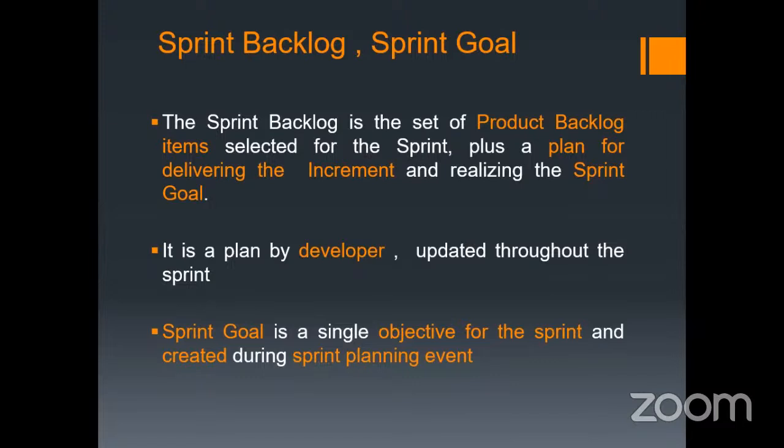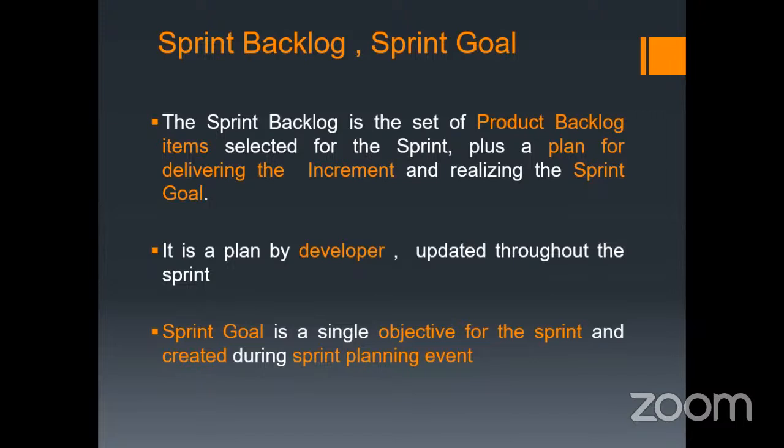Now here is the sprint backlog and the sprint goal. In the sprint backlog, we take certain items from the product backlog. As we have discussed, in the product backlog all the tasks required to complete the product goal are given, but in a single sprint, all of those cannot be considered.